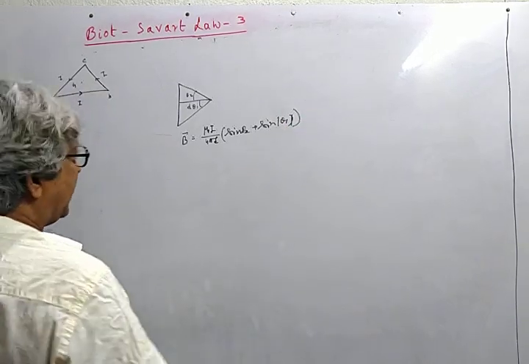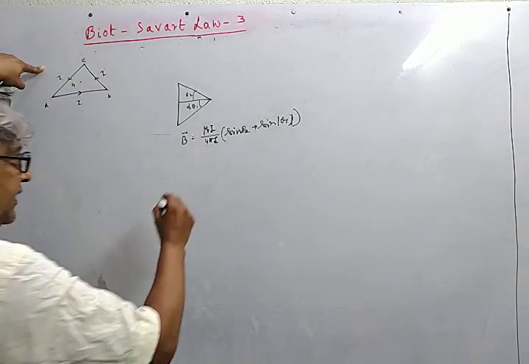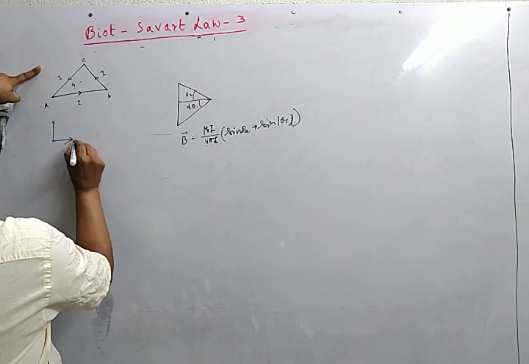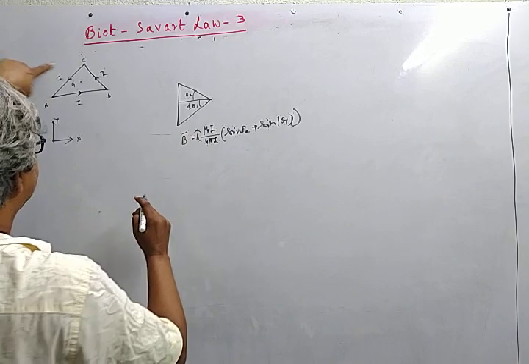This is the field, and the direction is, if we consider the triangle to lie in the xy plane and the circulation of current in anti-clockwise sense, along k cap.